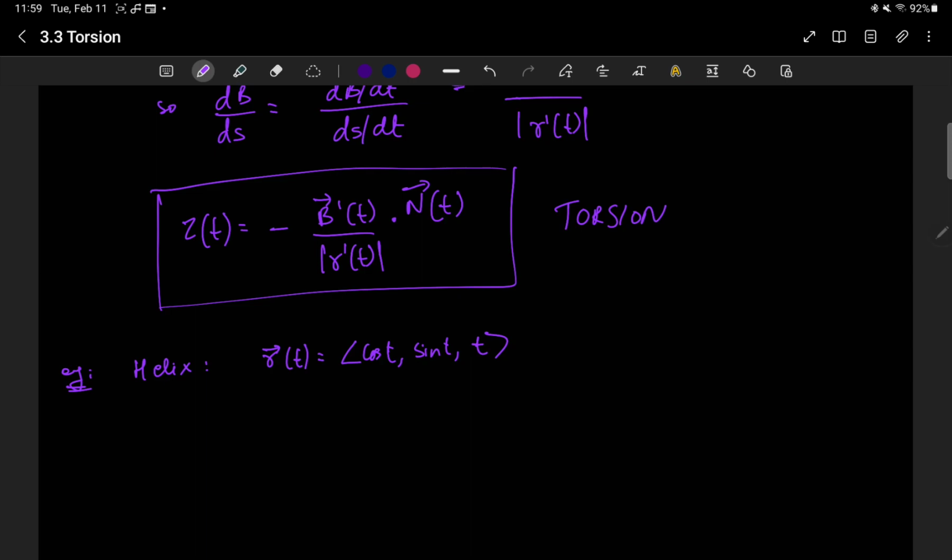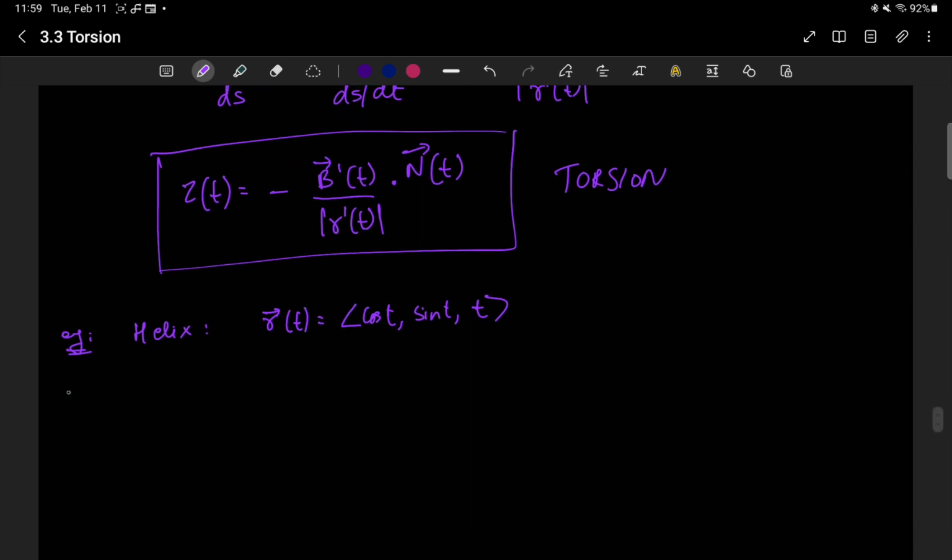You know all the things that you need, which means you need B and you need N. And remember, to find B, you also need T. So let's do all of that work. Since we've done this before, we know r prime is negative sine t, cosine t, and 1, and thus the magnitude comes out to root 2.